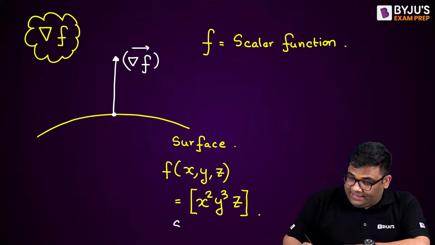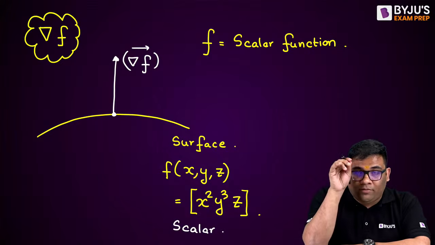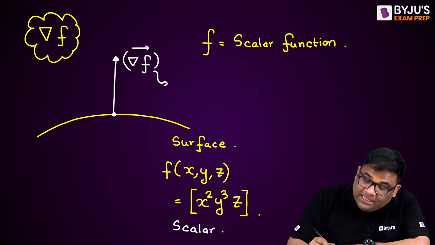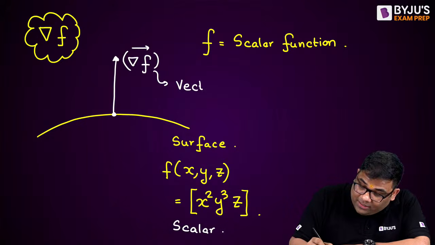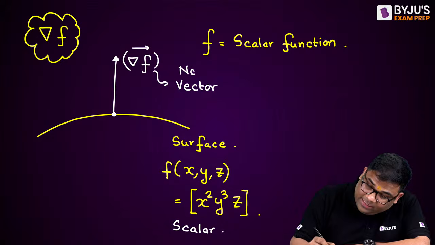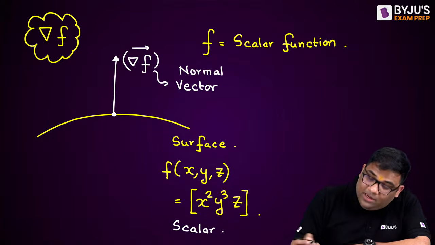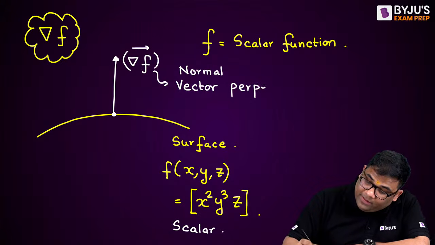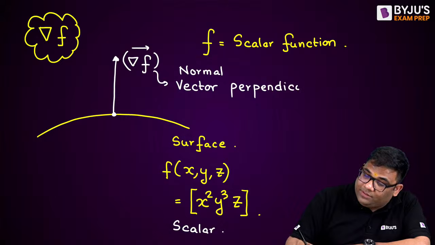See, f is a scalar, because the value at a particular point will be a scalar. So this indicates the normal vector, perpendicular to the surface at a particular point.